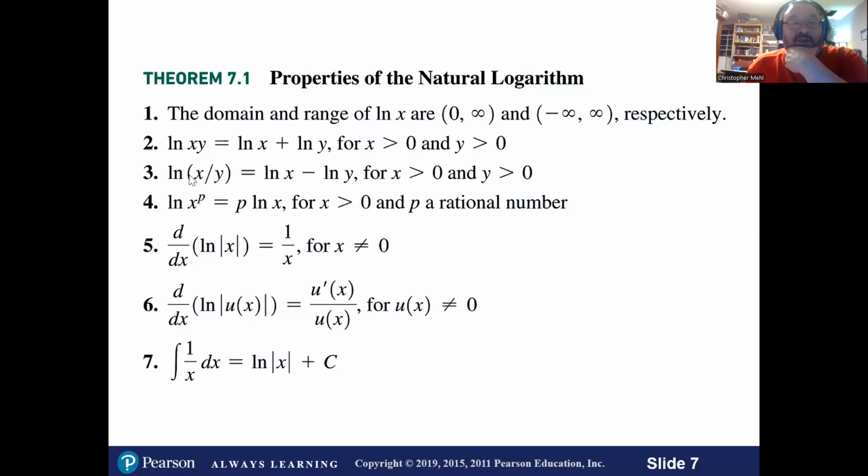So going back to our properties there, we can do a similar process to show number 3, that it turns a quotient into a difference, and so on. So these are the properties of the logs that we've seen before.